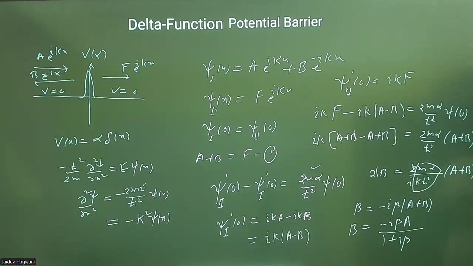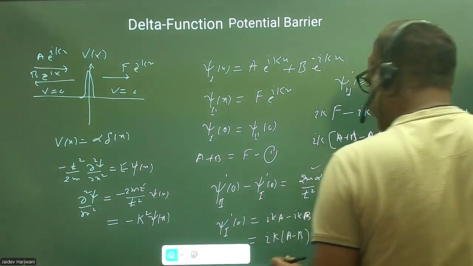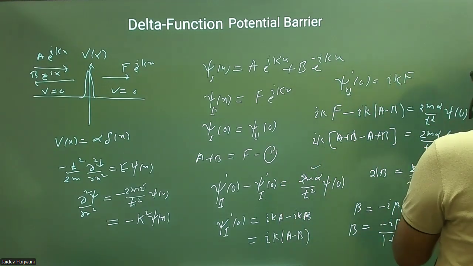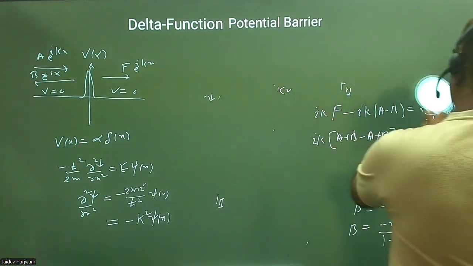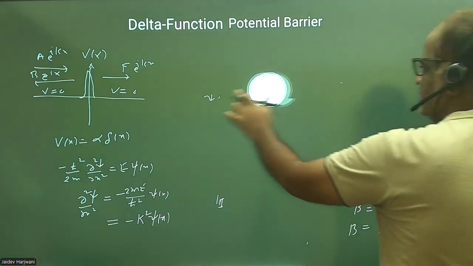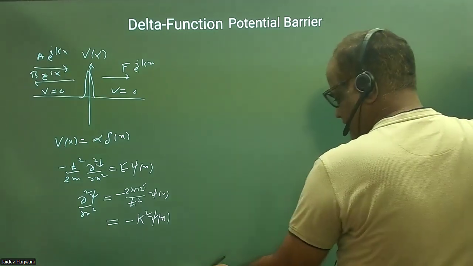This is the difference from the previous case where it was iota beta and here it was minus. So the sign changes, but the magnitude will not change. The reflection and transmission coefficient magnitudes will not change in this case.